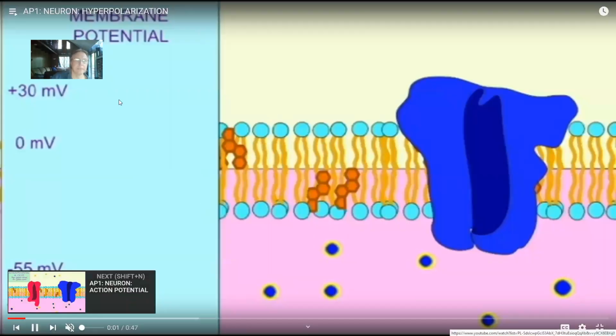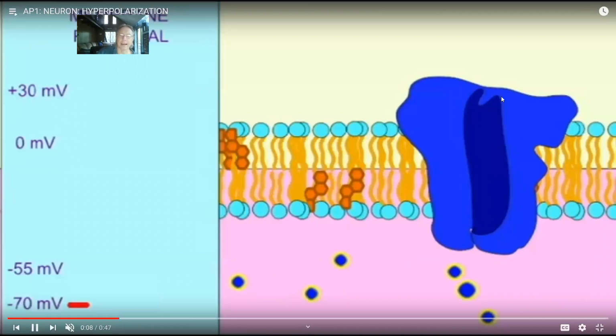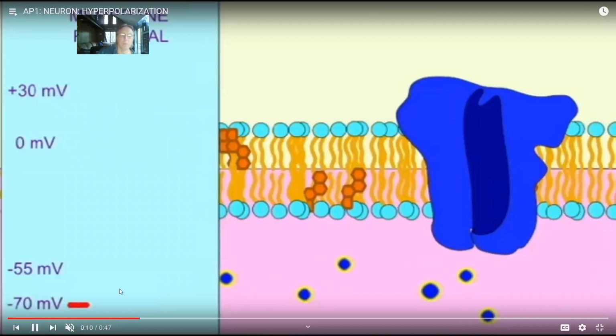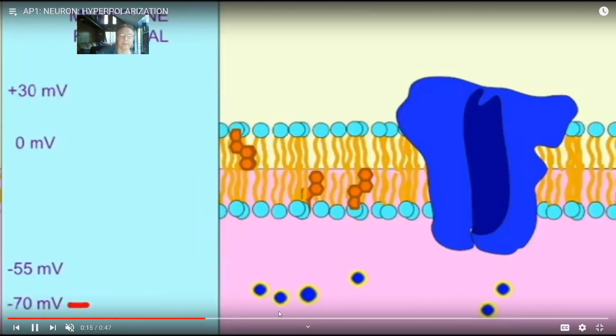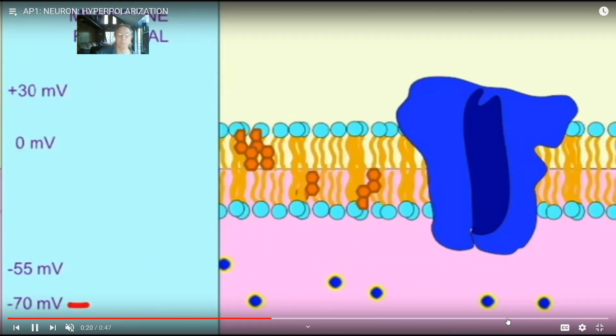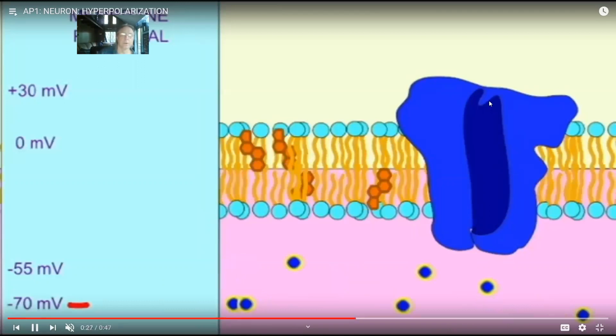If the potassium gate opens and potassium charges are allowed to leave, the cell is already negative, and if more positive charge left the cell, that would make it more negative. So when positive charge leaves a cell, the cell becomes more negative.